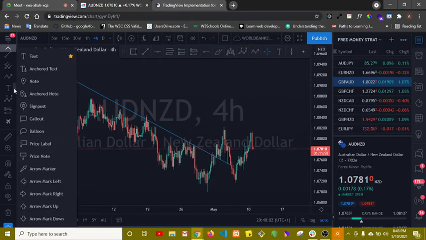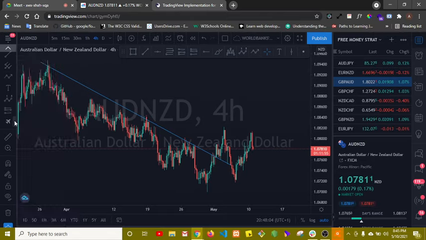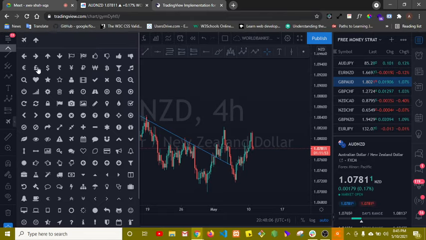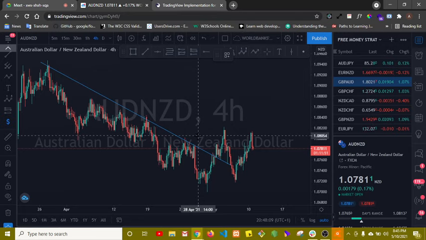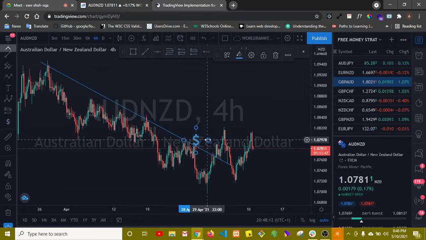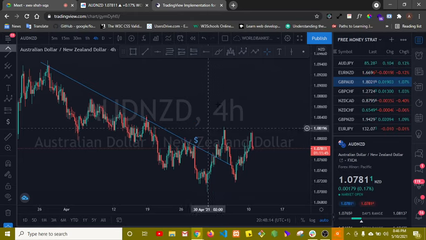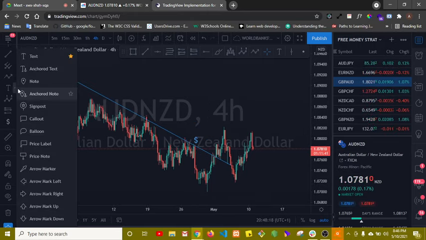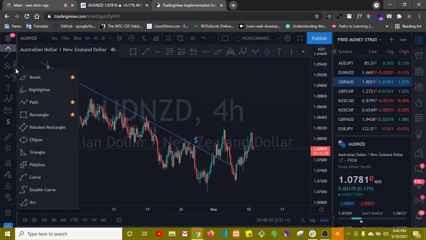What is liquidity? Liquidity is stop loss, and stop loss is money. If you can't find liquidity, you are the liquidity.